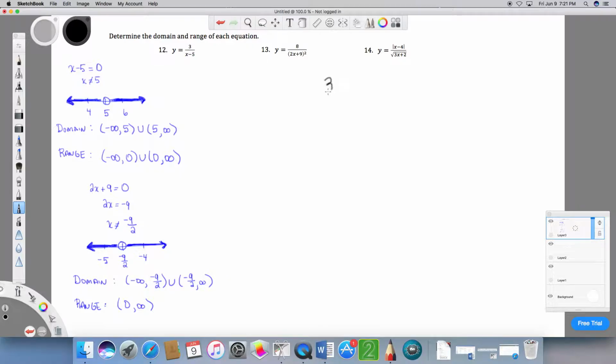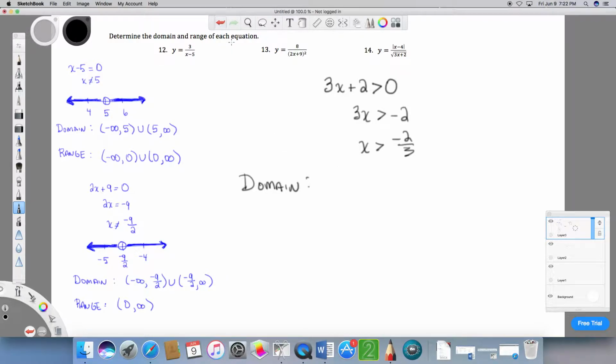So this 3x plus 2 cannot be 0 because it's in a denominator, and it also cannot be negative because it's underneath a radical. So it has to be strictly greater than 0. So if I solve this for x, I subtract 2 from each side. I divide by a positive 3, and my domain is the set of all real numbers that are strictly greater than negative 2/3.